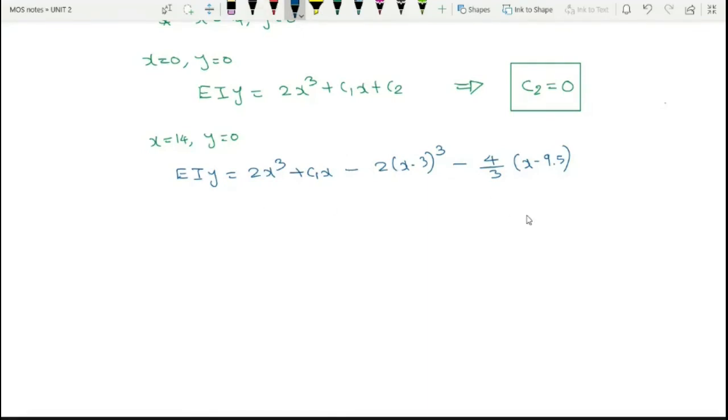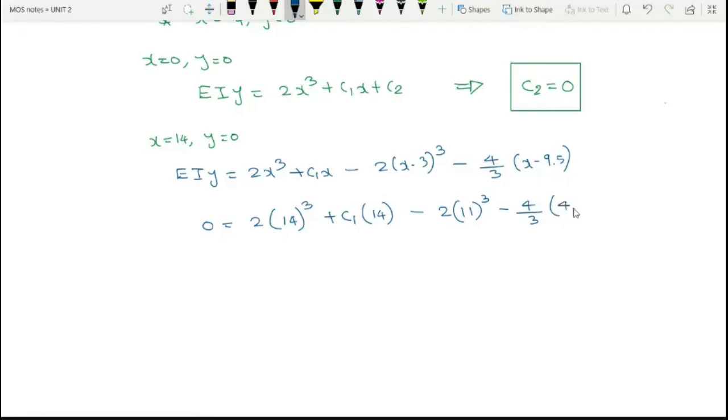Let me substitute. Sorry, x is equal to 14, y is equal to 0. What will we get? 0 is equal to 2 into 14 cube plus C1 into 14 minus 2 into 14 minus 3, you are getting 11. So 11 cube minus 4 by 3 into 14 minus 9.5.